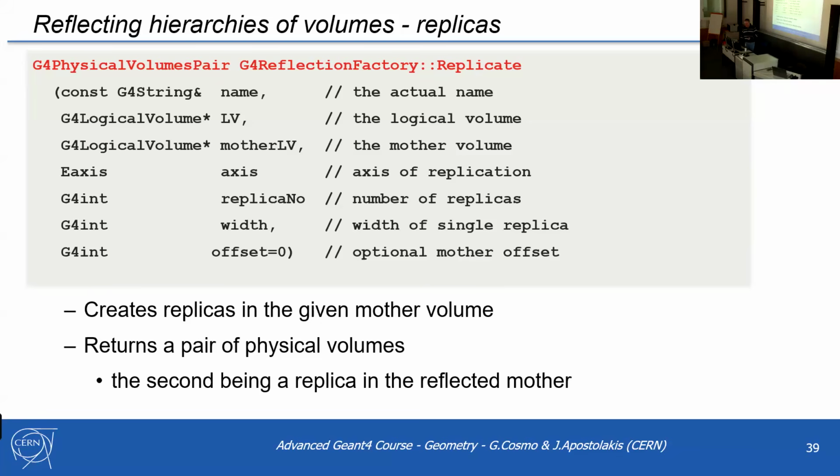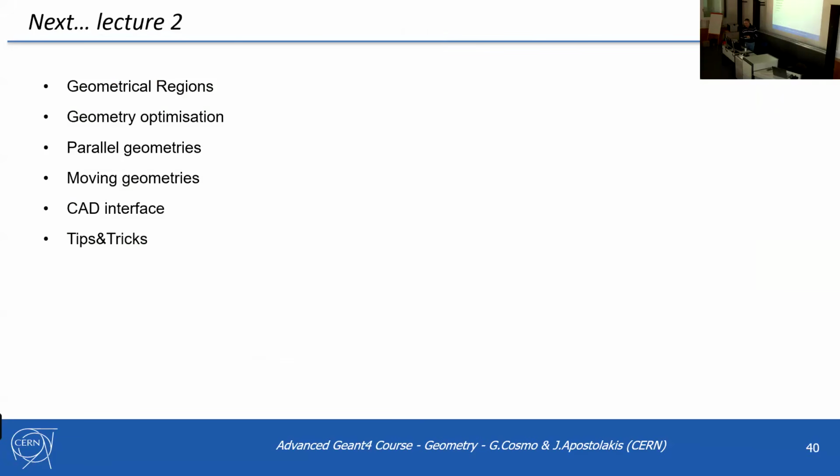Okay, so that is, I think, all I wanted to touch today. So tomorrow, I think on Wednesday, we will go through other concepts like the concept of regions, which is very important. We will talk about geometry optimization, so we will see how the optimization structure is created when you create your geometry. We will see how to define geometry in parallel, so that it may then be tracked in parallel.